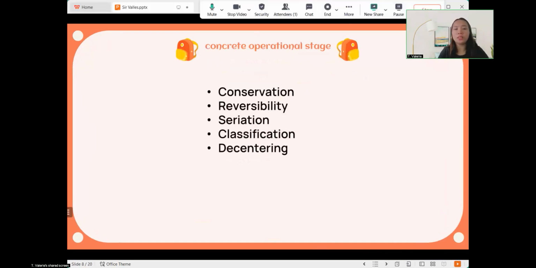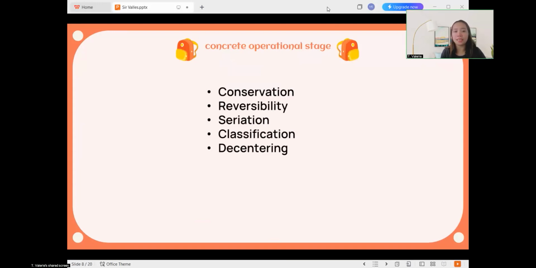Now, let's have the third stage, the concrete operational stage. During this stage, the child is incapable of logical thinking. So let's have the conservation. What do we mean by this?